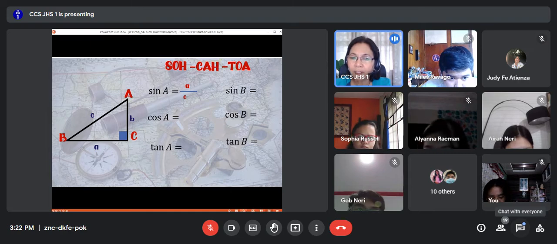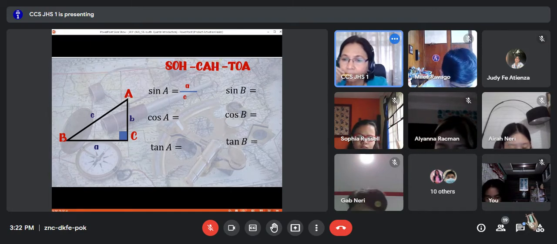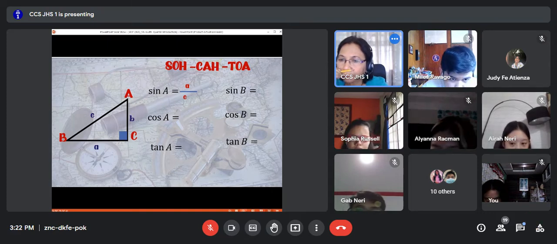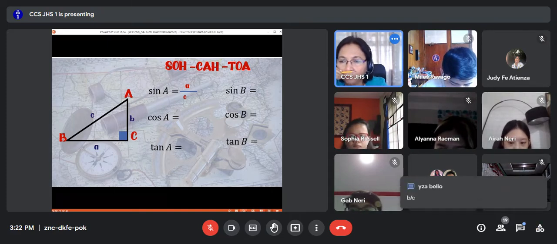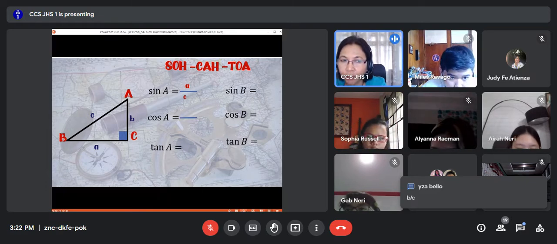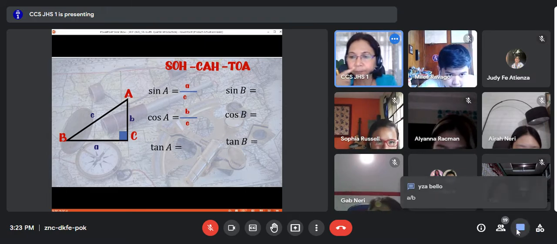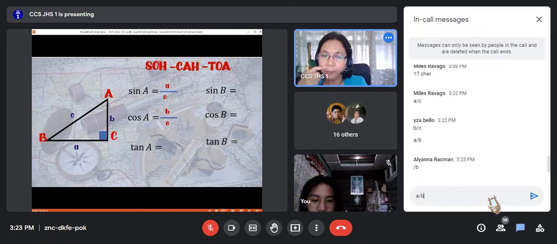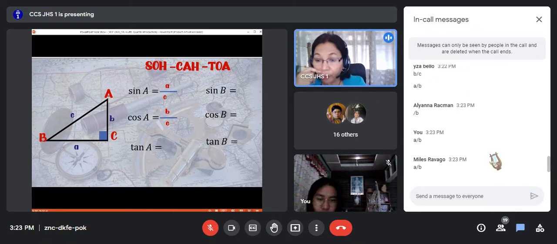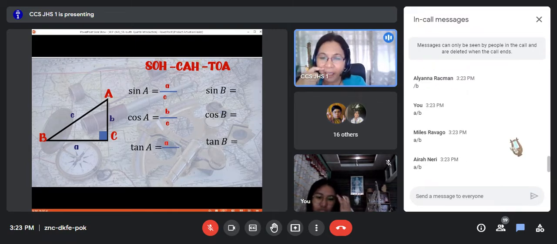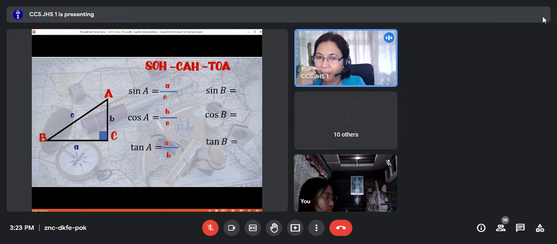How about cosine of angle A? b over c. Correct. It's adjacent to angle A over the hypotenuse. What is tangent of angle A? A over b. Okay, very good.